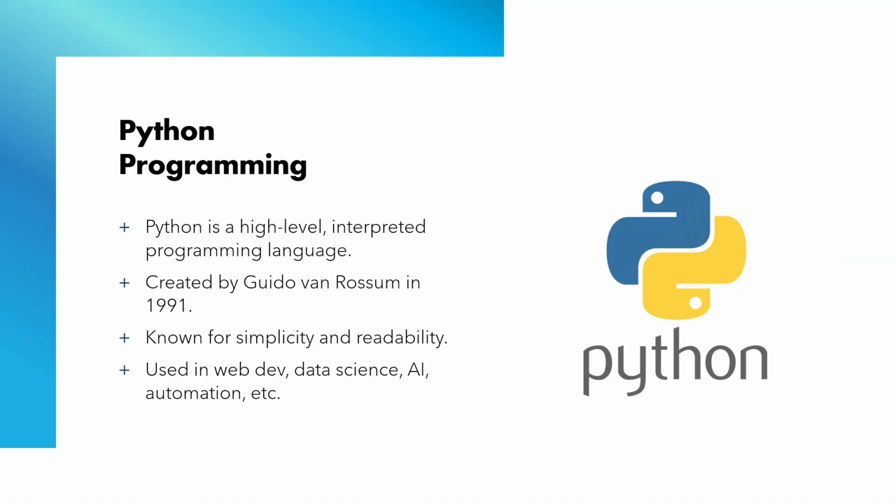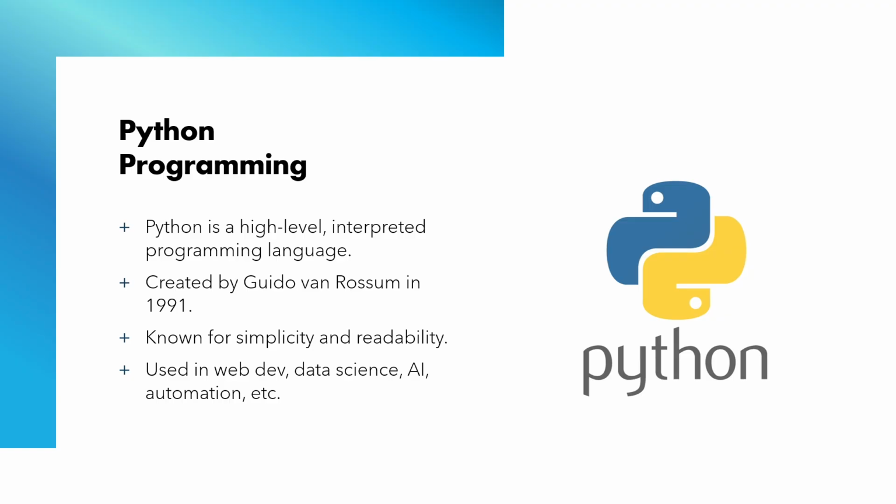Now, let's look at Python. Python is a high-level interpreted programming language. And like I said before, high-level languages are those languages close to natural languages. Python being an interpreted language has to do with how programs written in Python are processed.